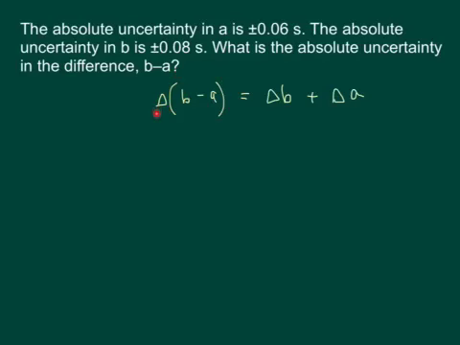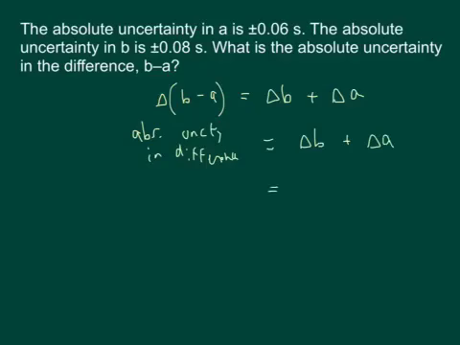We're not distributing the triangle through or anything like that. You could just replace this with the absolute uncertainty in the difference, and say that that is equal to the sum of the individual absolute uncertainties.